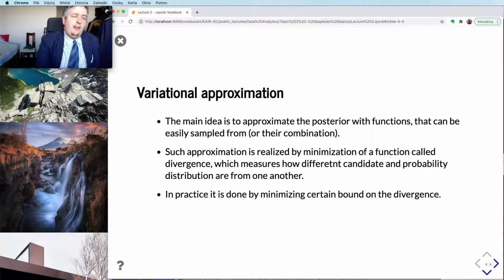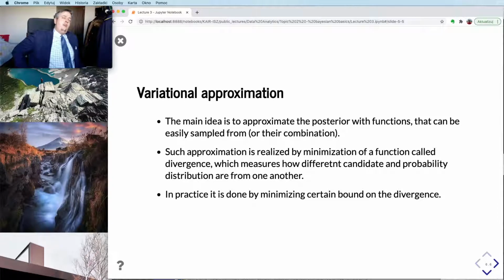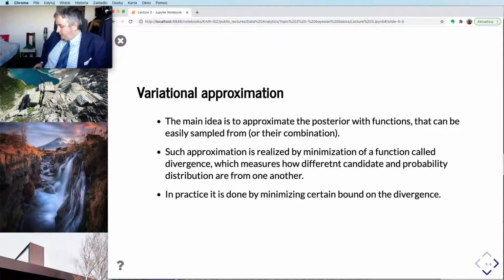We reformulate it as an optimization problem. This is variational optimization because we are optimizing functions. We are trying to find a function that solves our problem, and in order to do so, we minimize something usually called the Kullback-Leibler divergence, which says how much two probability distributions differ from one another.